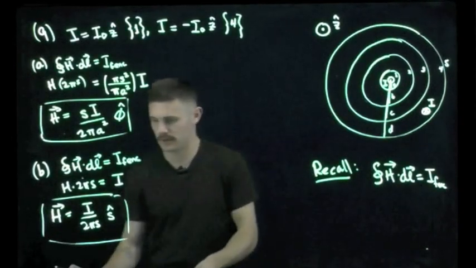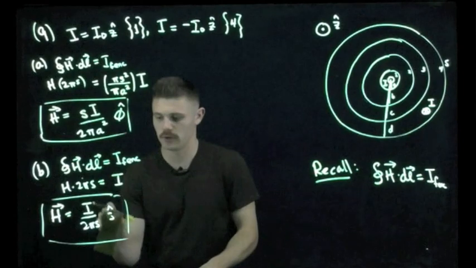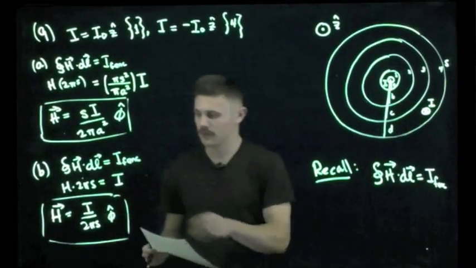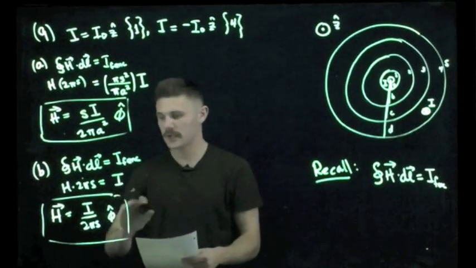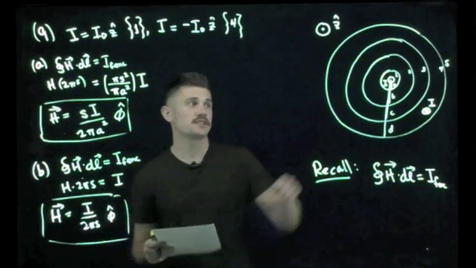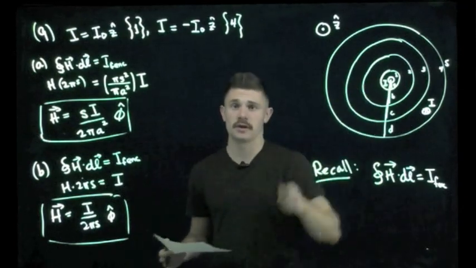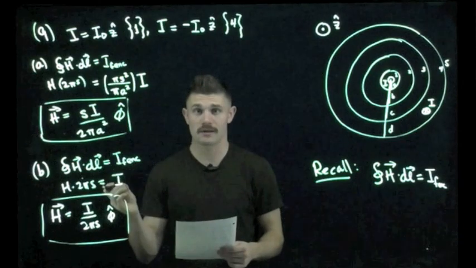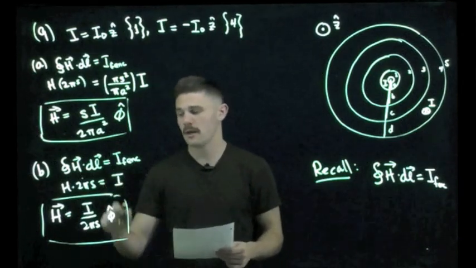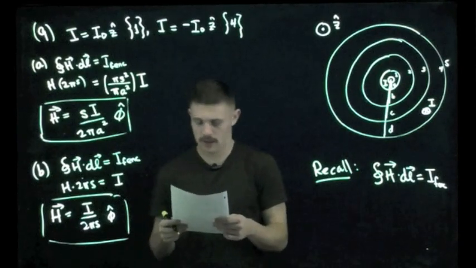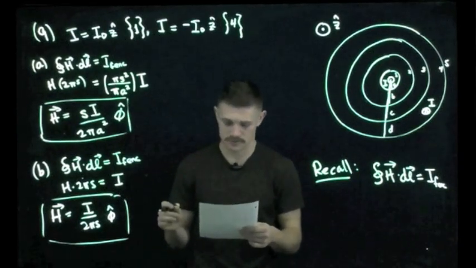So the magnetic field in this case will be flowing around, so it's actually going to be in phi hat, I think this is correct. So again, this just comes from the expected magnetic field that you would see if you just had a line of current flowing. This auxiliary field is the same. The difference between the two is that for the magnetic field, we have that factor of mu naught. In this case, we do not, because of how H and B are related. That factor of mu naught is the difference.